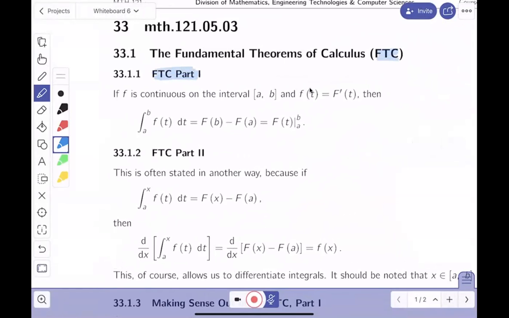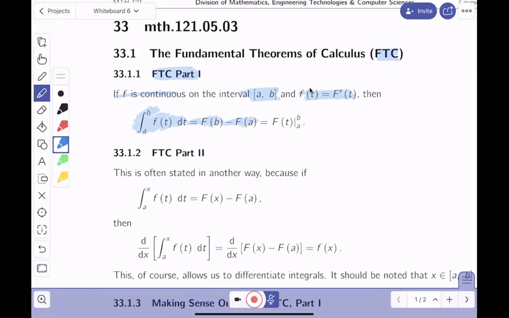Okay. It says if f is continuous on the interval AB, that's an open interval, and f(t) equals F prime(t), the big F prime of t. Well, we've been doing antiderivatives for some time now. So f is continuous on the closed interval. They claim that this thing over here, which we have had big problems computing, by the way, is really simple. That's what they're claiming.